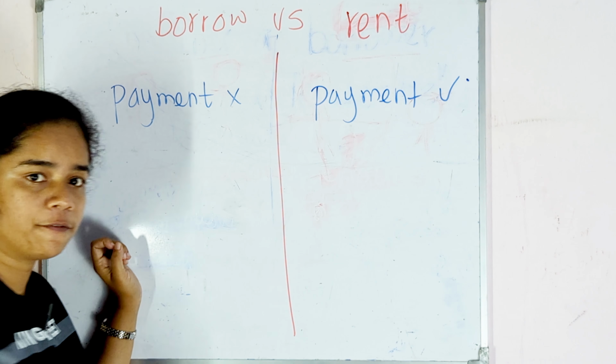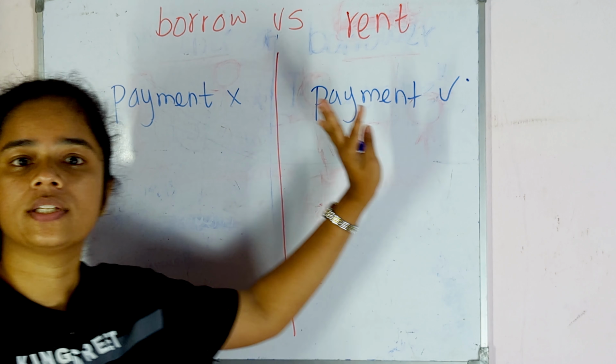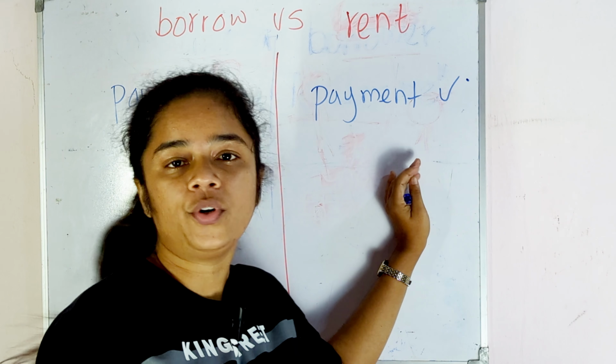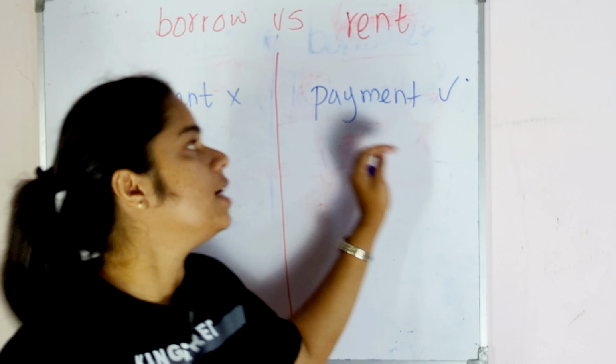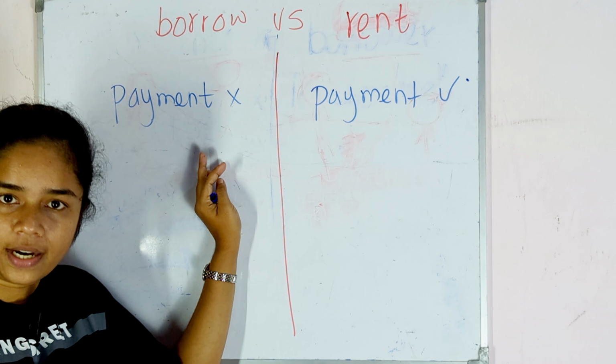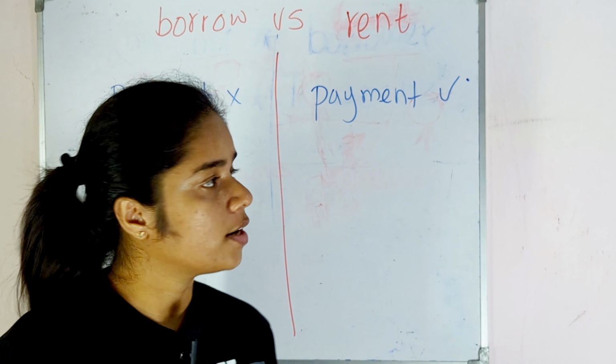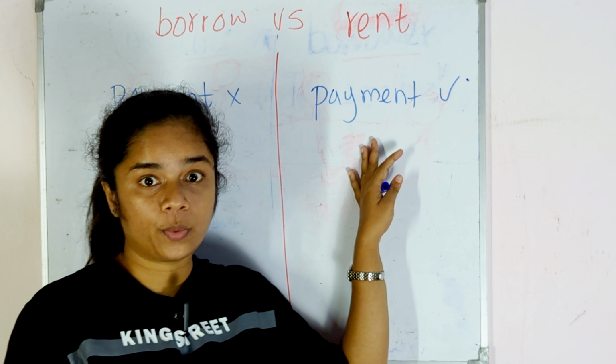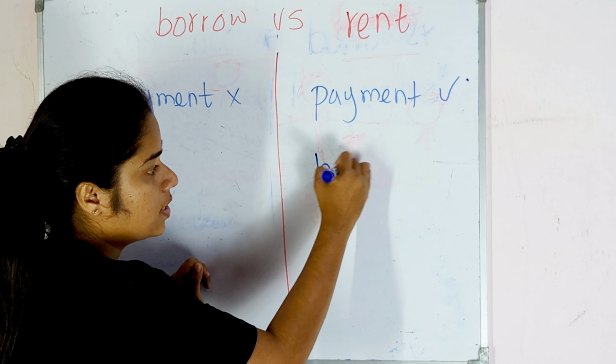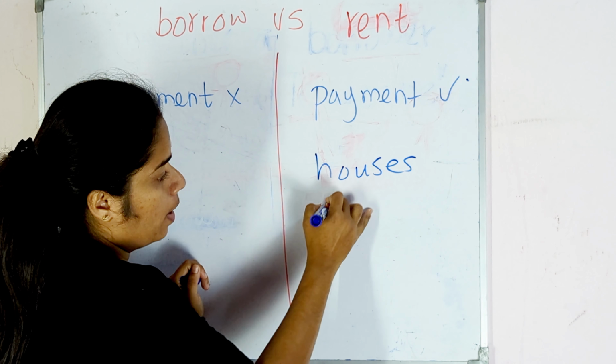That is exactly the difference between borrow versus rent. So you know now where to use rent and where to use borrow, right? Most commonly, houses and apartments, they are going to rent, right? The houses and apartments.